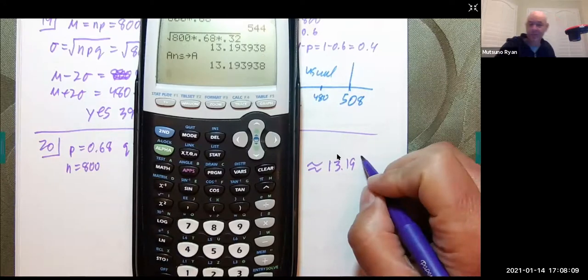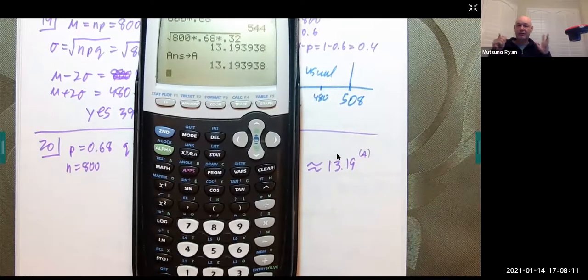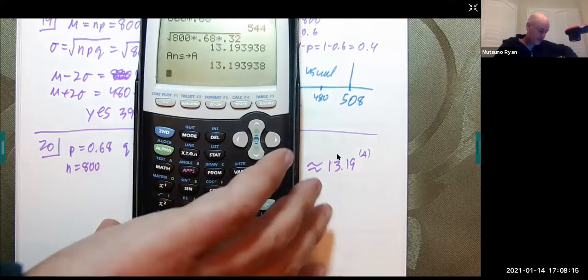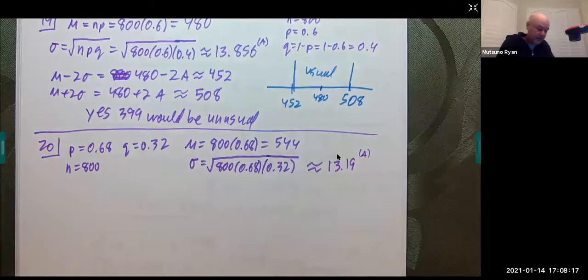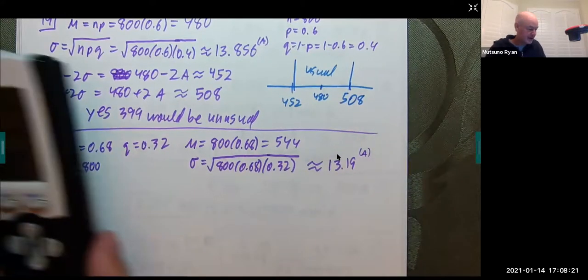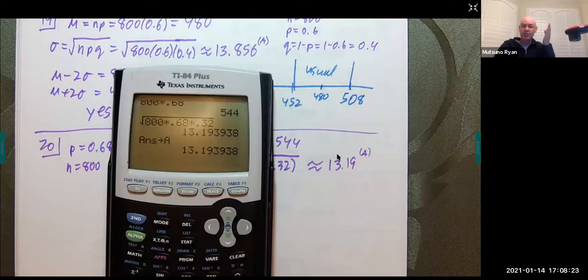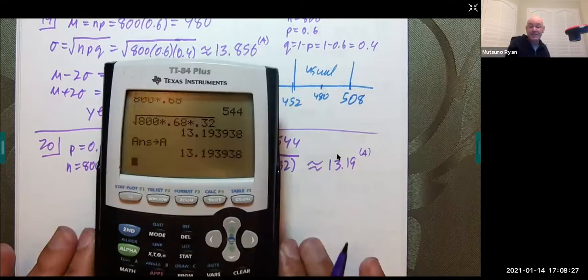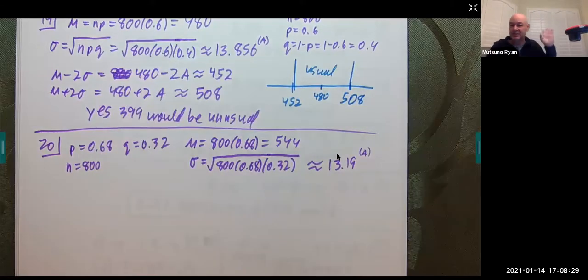I like writing down where I store it because sometimes you'll have 3 or 4 or 5 memories and it's good to know what's where, and make sure you don't overwrite something. If you remember the previous problem, I used A as well. When I just stored that into A, it erased the old A and put in my new A. It does it automatically for you. So if you wanted to keep something in one, you may want to use B or C or D or whatever. All right, so here we go.